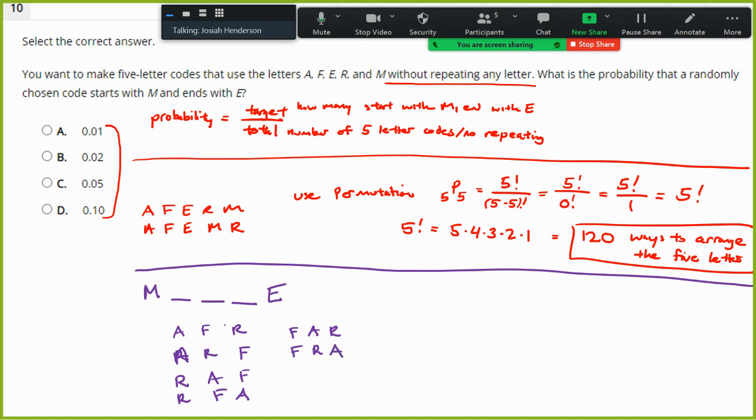Because it was just 3 things, we're able to make the list.